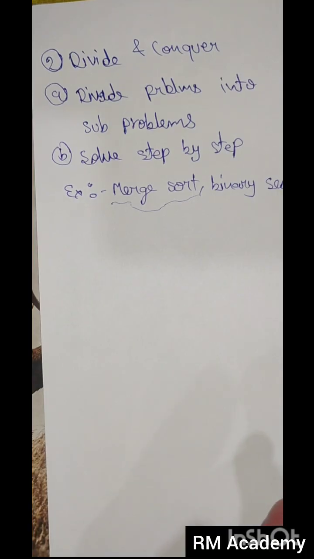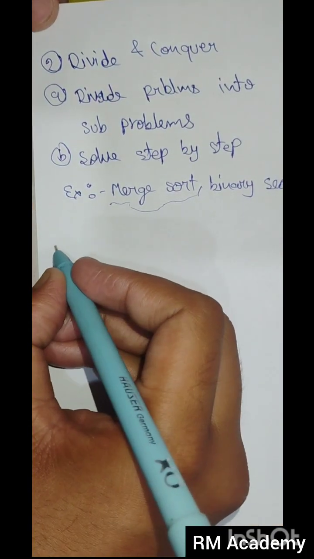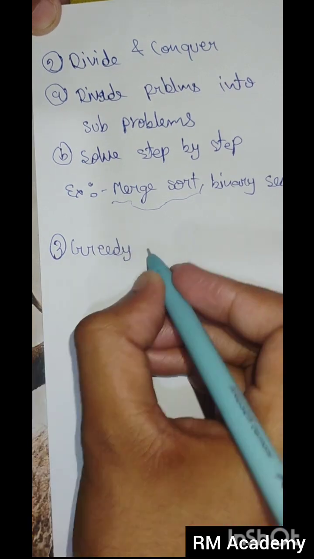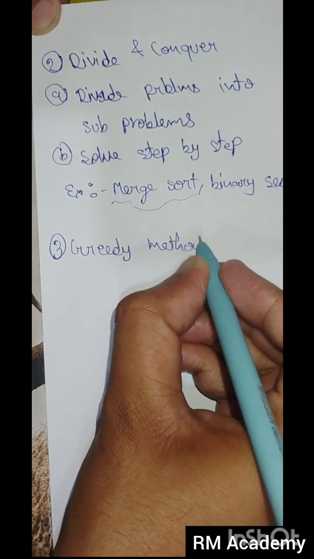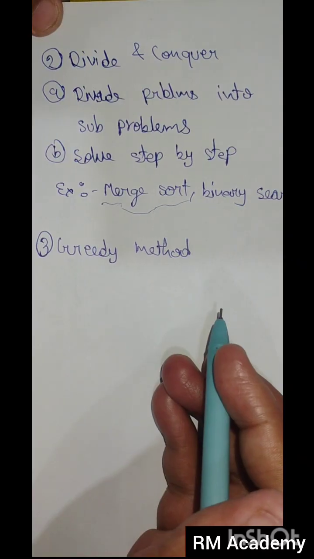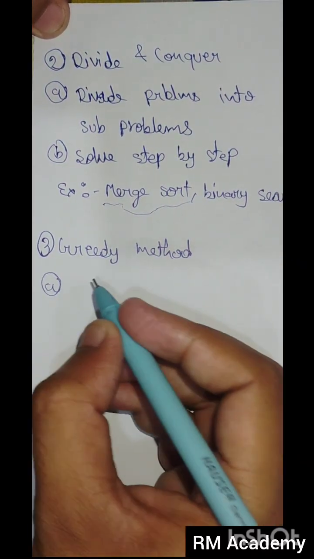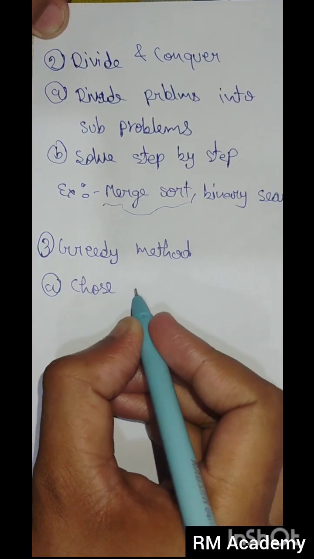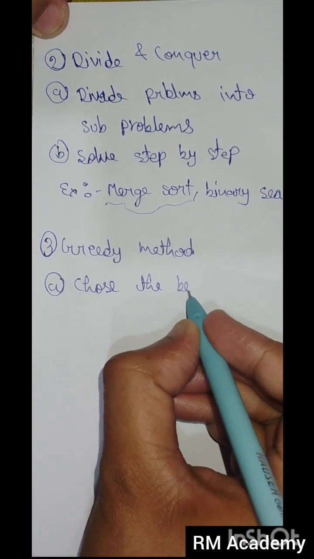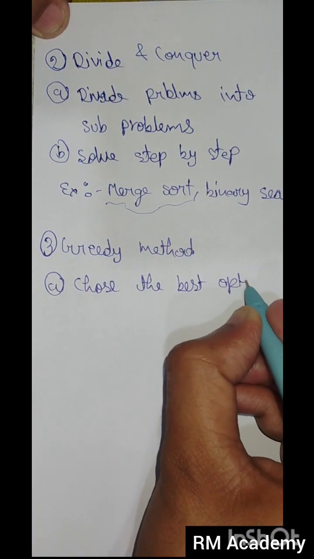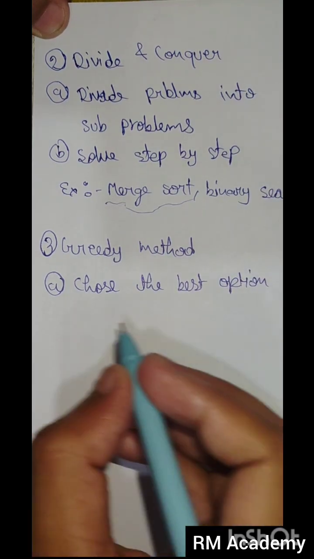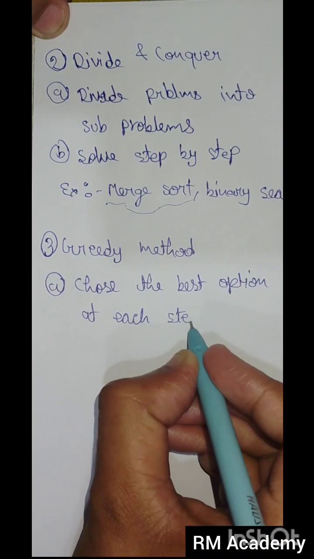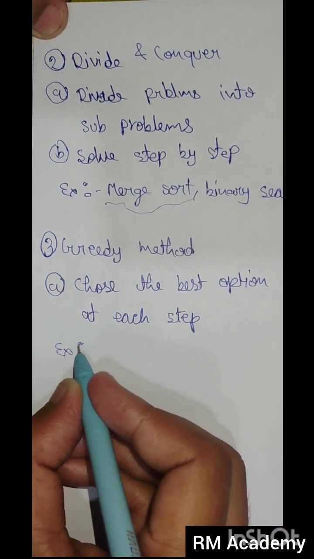So the next type of algorithmic design is greedy method. In this, choose the best option at each step. For example, Kruskal algorithm.